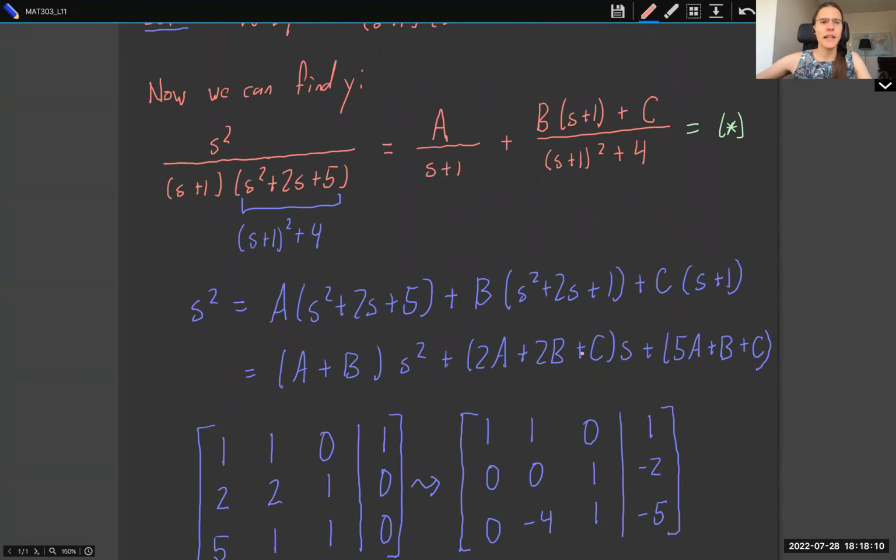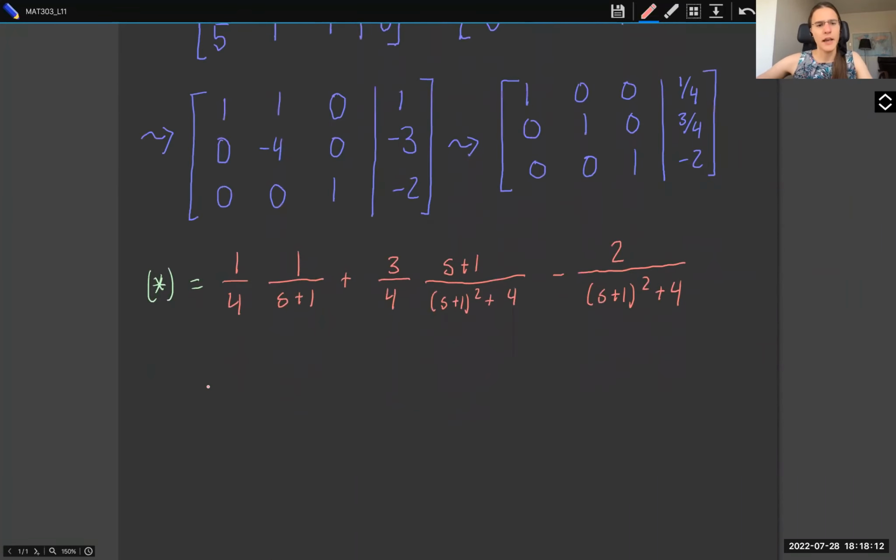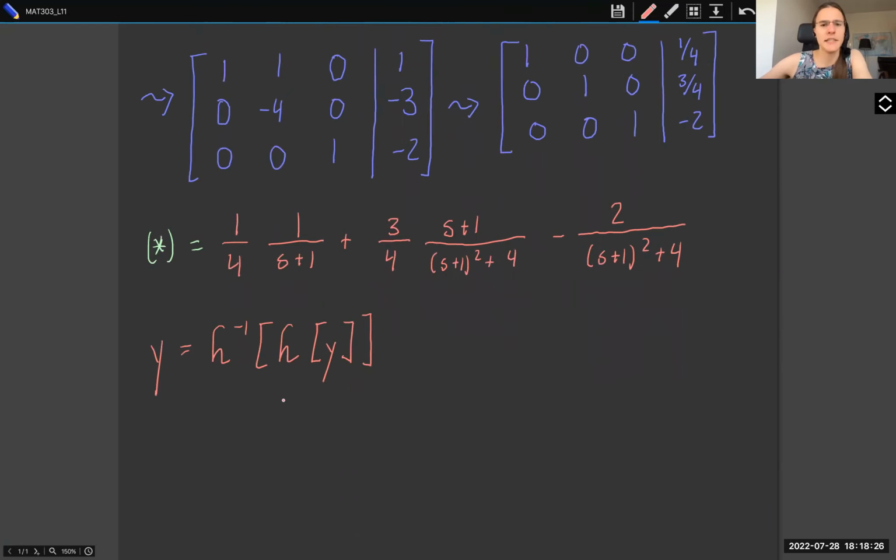okay, so this is the Laplace transform of y. And so y is equal to the inverse Laplace transform of the Laplace transform of y. And we basically start writing it out. So I get 1/4. What does this term give me? E to the minus t.